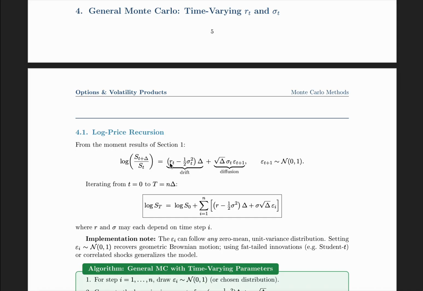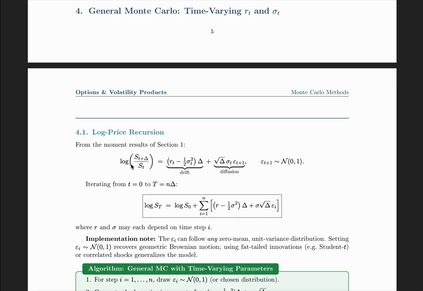That's the mean return times delta, that's the mean per period return, and also the per period standard deviation is simply square root of delta times sigma, right? And then epsilon, which we assume to have a normal distribution here, is giving us this random factor.